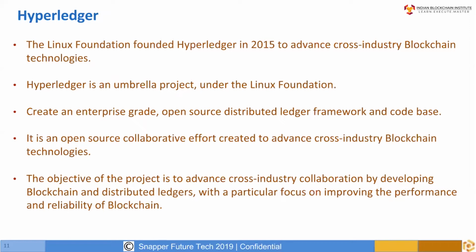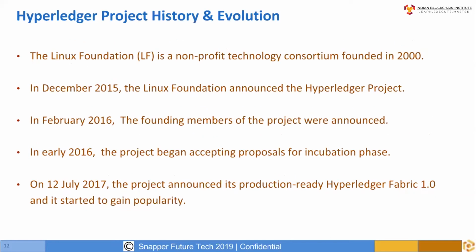It is an open source collaborative effort created to advance cross-industry blockchain technologies. The objective of the project is to advance cross-industry collaboration by developing blockchain and distributed ledgers, with particular focus on improving the performance and reliability of blockchain. The Linux Foundation is a non-profit technology consortium founded in 2000.